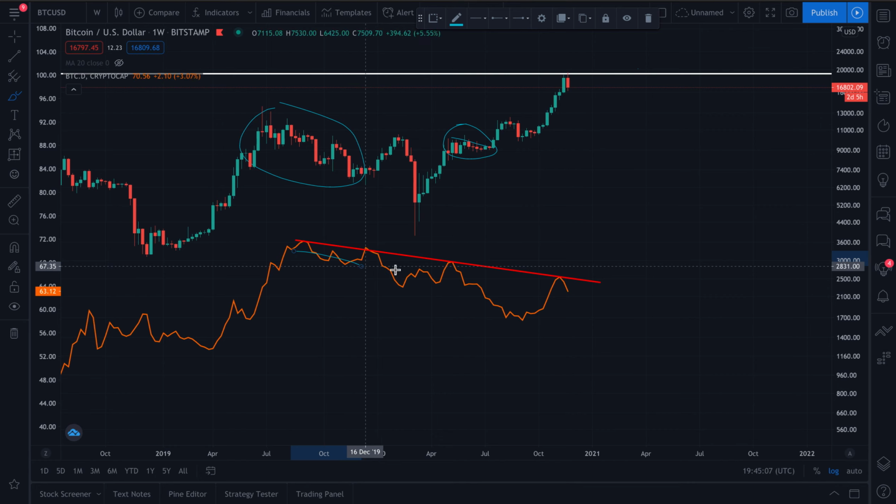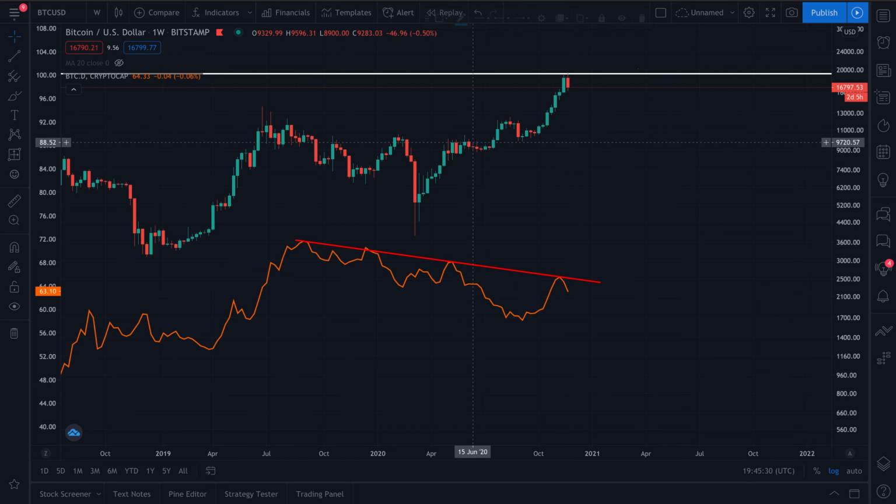Ultimately, on the macro scale, this has been a trend downwards, despite all the major moves that Bitcoin has had in the last year, or a little over a year. We're still in a trending downwards phase with dominance, meaning that over time, altcoins are outpacing Bitcoin, which is inherent for a bull market.